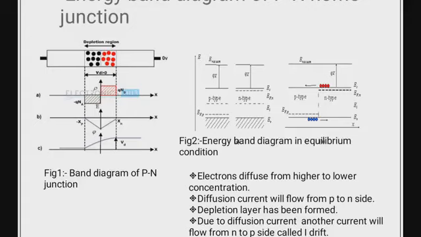Here, after integration, this portion, this slope, is negative because the charge particle density over here is also negative.